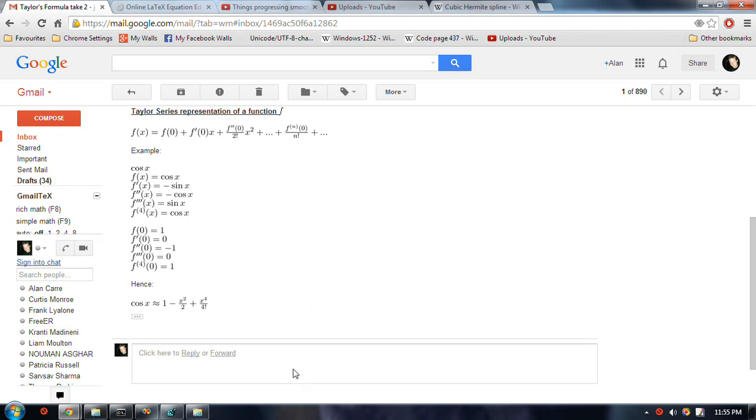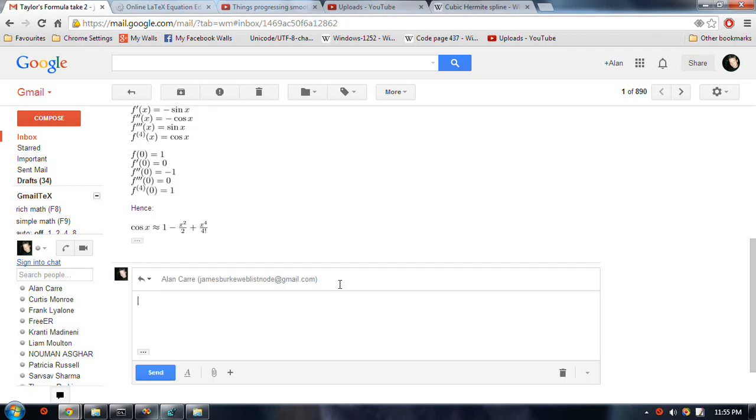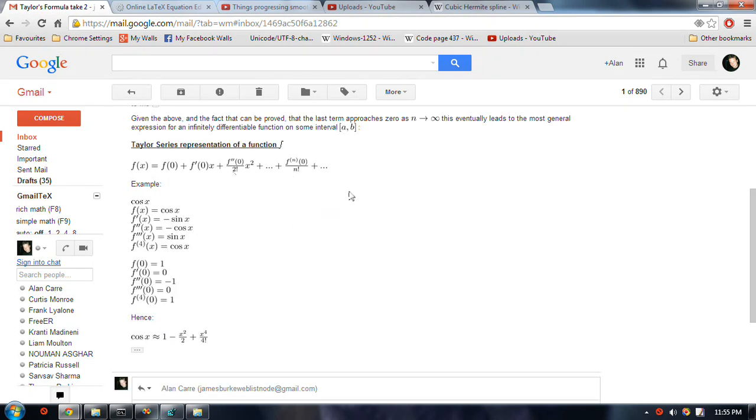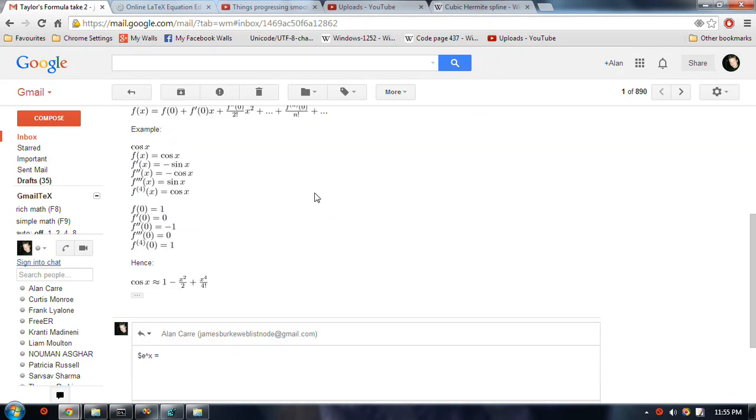And in particular, the simplest one really to remember is e to the x. Because e to the x is equal to its own derivative, all of the leading terms are the same. It's always 1.